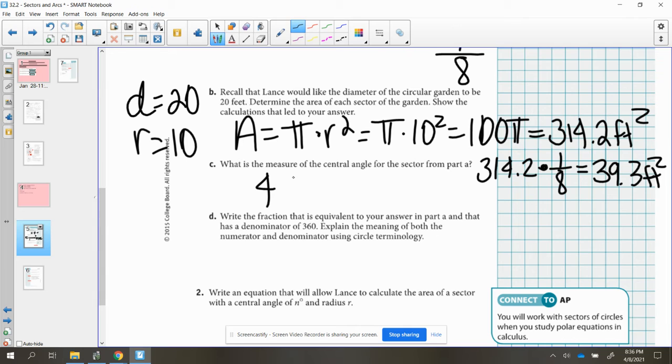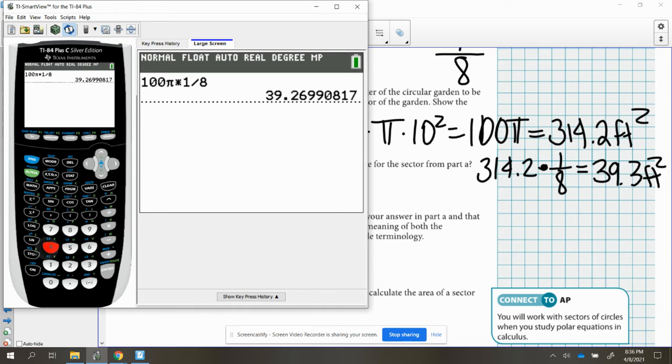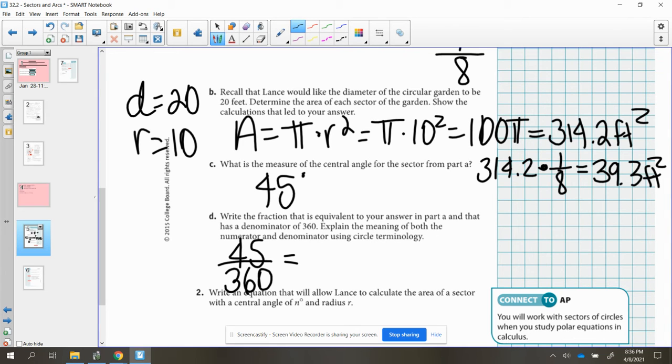Thinking of 45 degrees as a fractional part of this circle, 45 divided by 360, reduced, is 1/8 of that circle. So there's that comparison between the degrees and the fractional value.